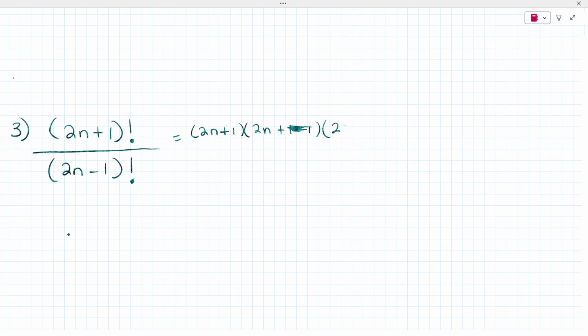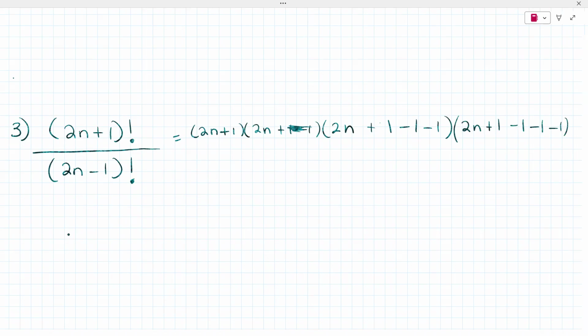And then it's 2n plus 1 minus 1 minus 1, so that really becomes negative 1, and then 2n plus 1 minus 1 minus 1 minus 1.